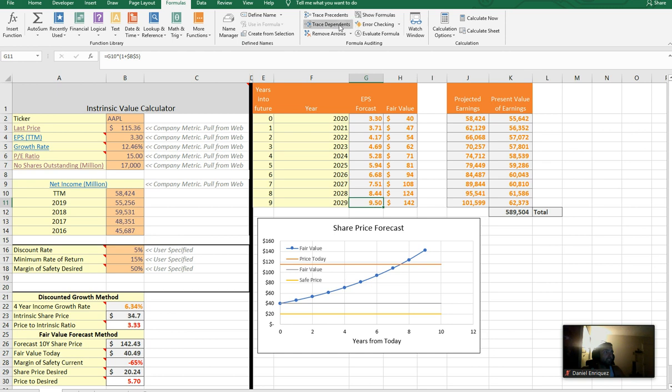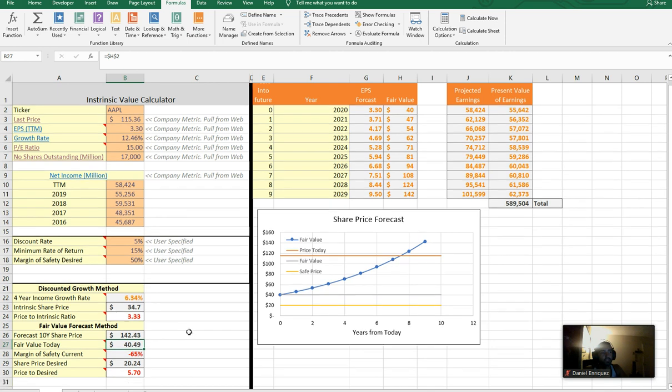Then you use the price to earnings ratio and the EPS to determine that the stock price should be $142 in the year 2029. And then you reverse track using the minimum rate of return what that translates to a current value of the stock. So currently, using a minimum rate of return of 15%, that stock price should be $40.